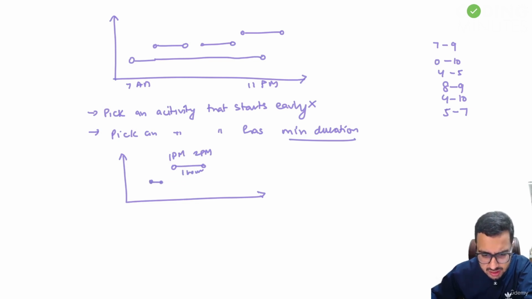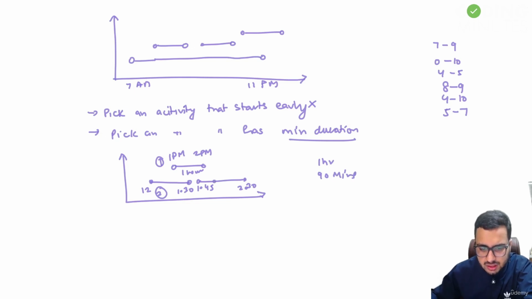But suppose you had other activities, one from 12 to 1:30 and another from, let's say, 1:45 till 2:30. Now the first activity has a duration of 1 hour. The second activity has a duration of 90 minutes. The third activity has a duration of 30 plus 15. Let's say it goes till 3:30.